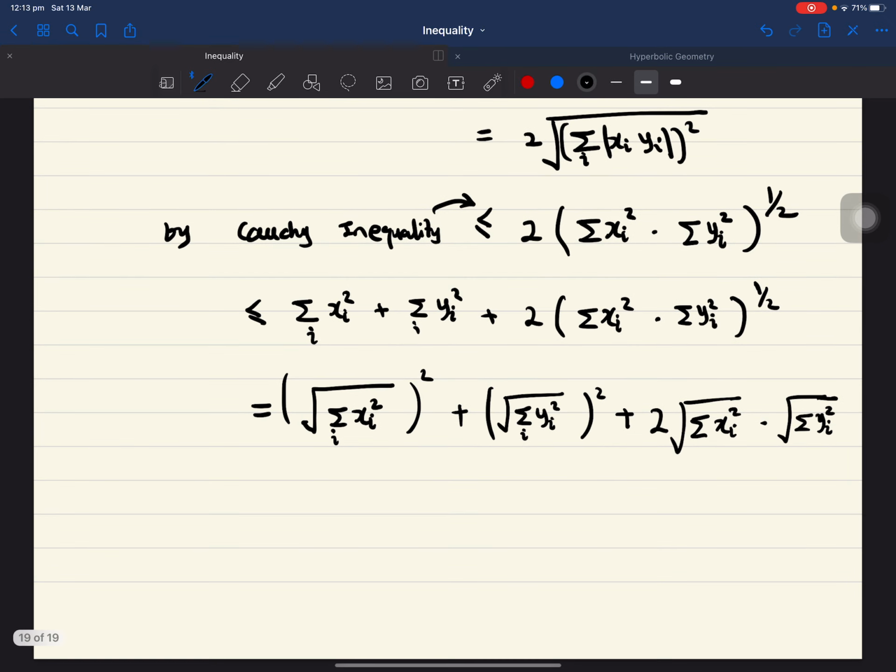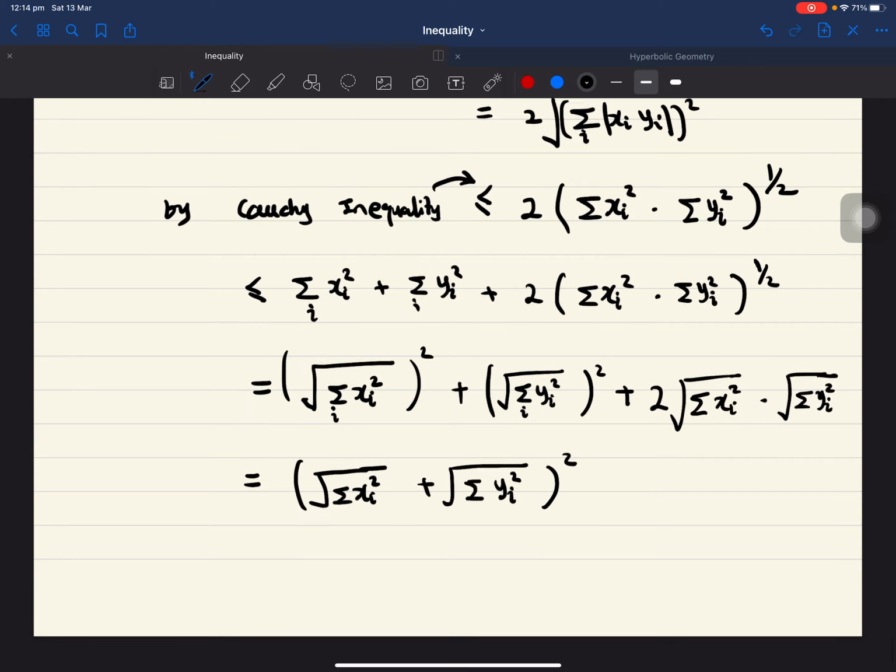And that is a perfect square: the square root of the sum of xi squared plus the square root of the sum of yi squared, all squared.